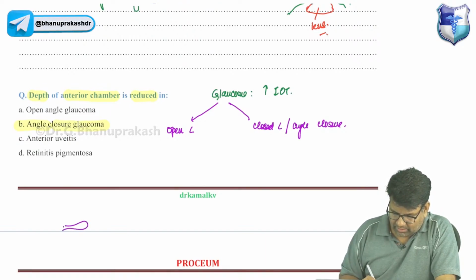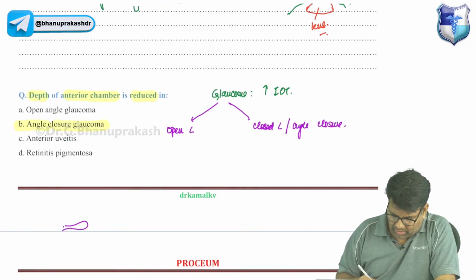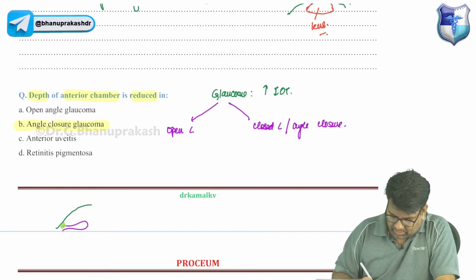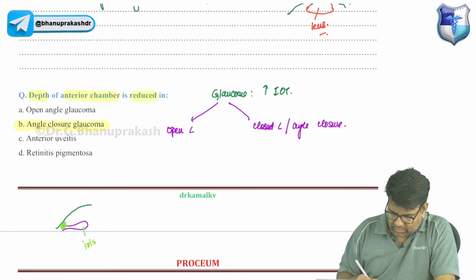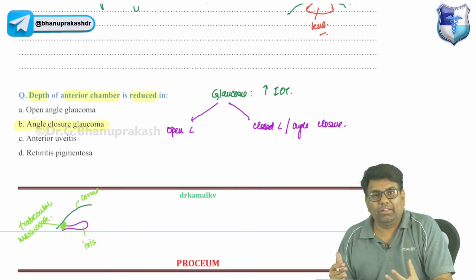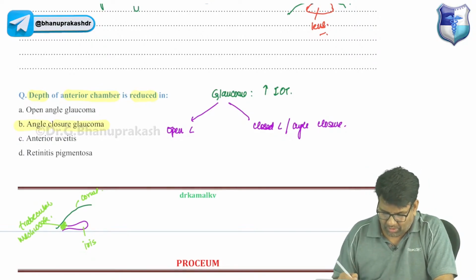Suppose this is the iris, then here we have the cornea, and here we have the drainage channels, that is the canal of Schlemm, and these are the trabecular meshwork, which is important in draining the aqueous humor, right?